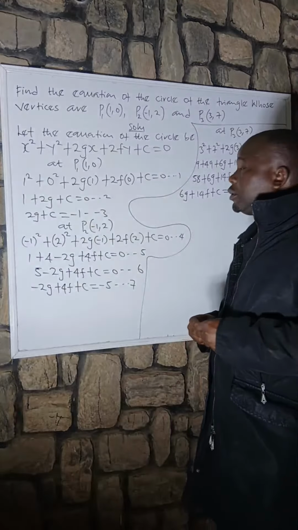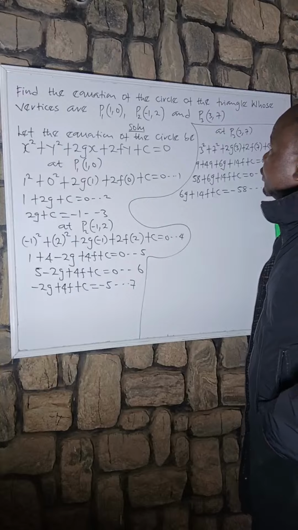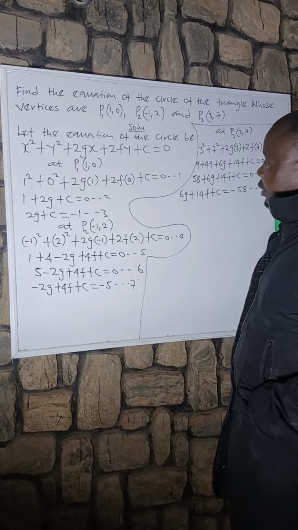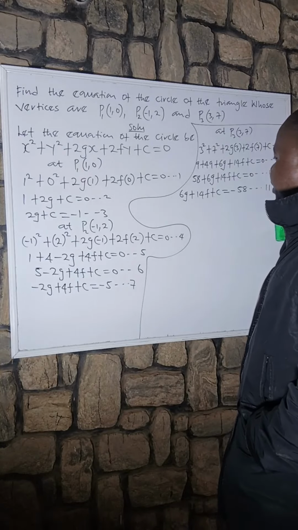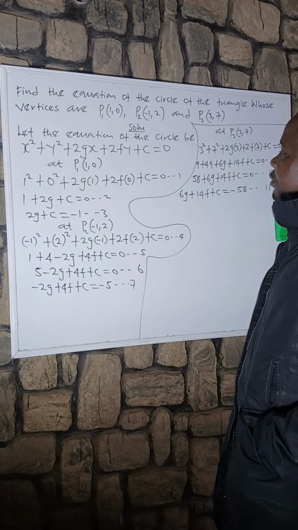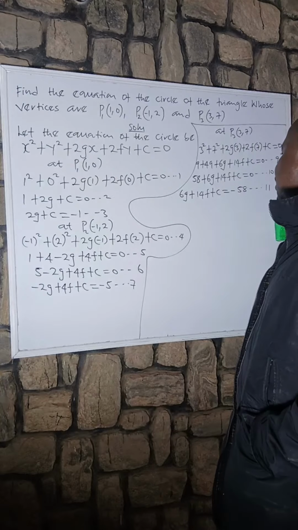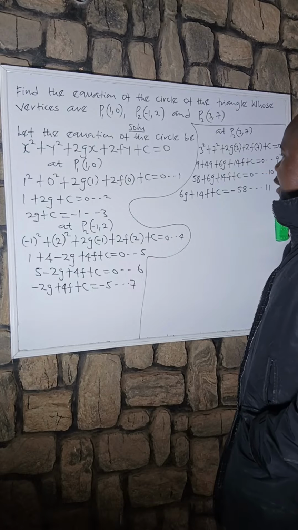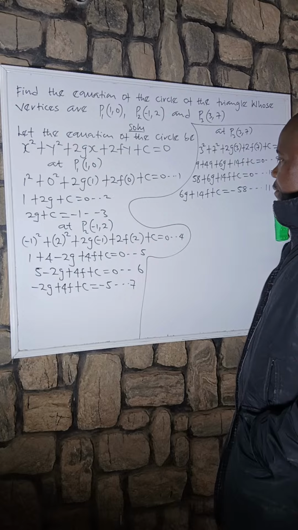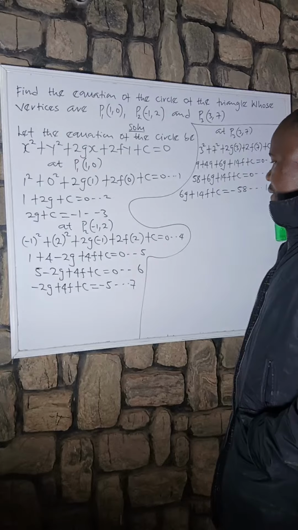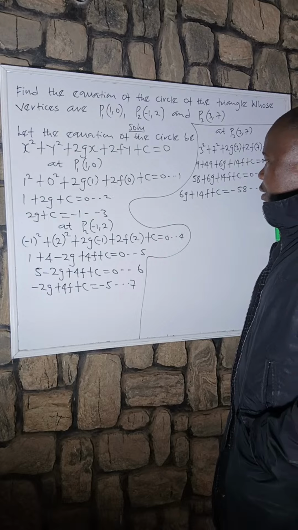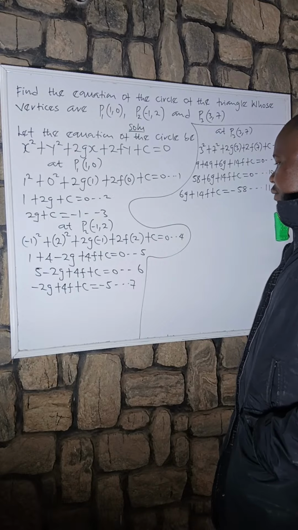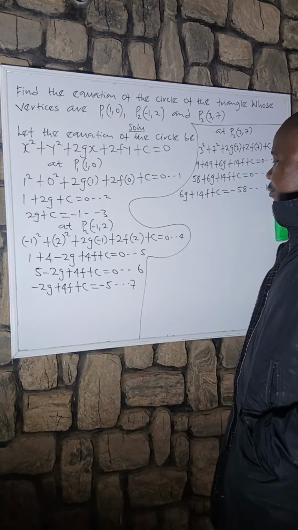So now we want to find the equation for us to obtain the center of this very circle. So if you can see what I am saying, look at equations 3 and 7, and 3 and 7.